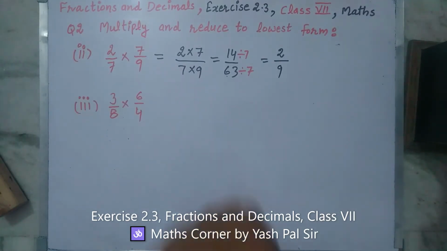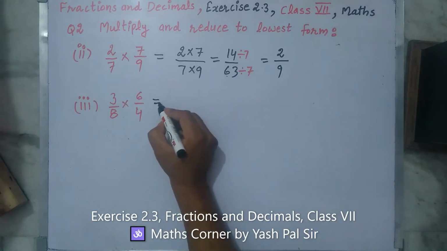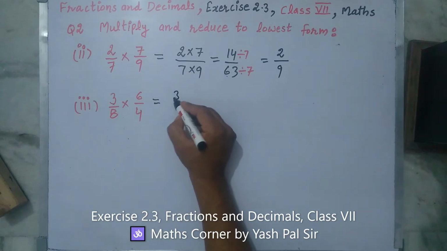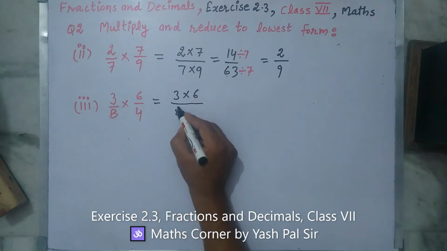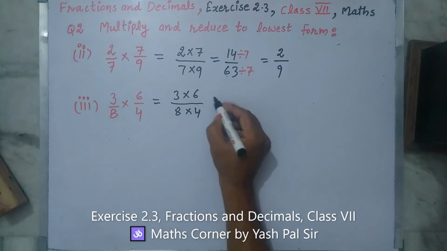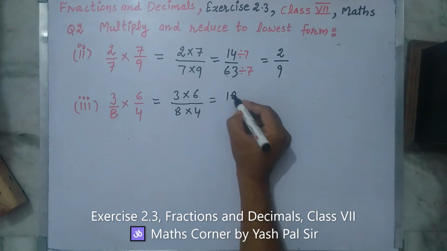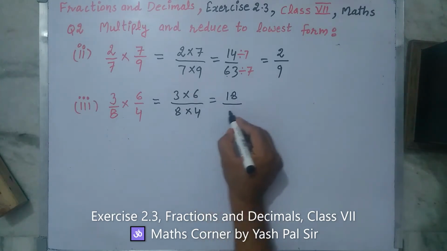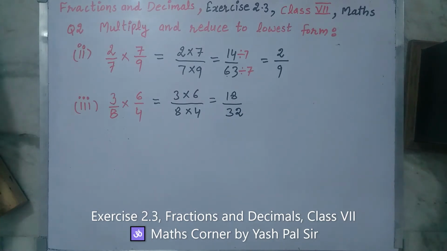Now part number 3, 3 by 8 into 6 by 4. So first of all multiplying, 3 is multiplied with 6, divide 8 is multiplied with 4. So the answer is 3 into 6, 18, divide 8 into 4, 32. Now we have to see what is common in the two.